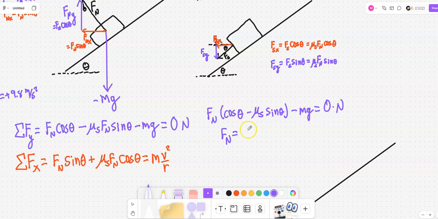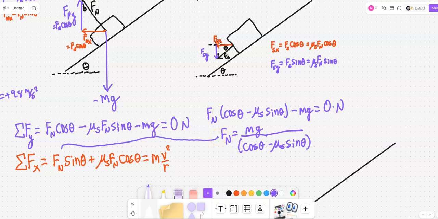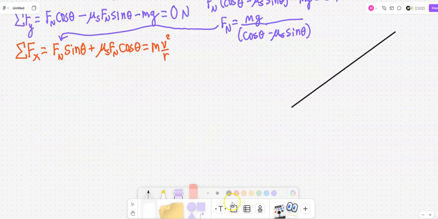I'm going to move mg to the other side. I'm going to take some algebra shortcuts here. And so the normal force on an incline for the maximum velocity will be mg over this quantity here. I'm now going to take this quantity and insert it for normal force here.